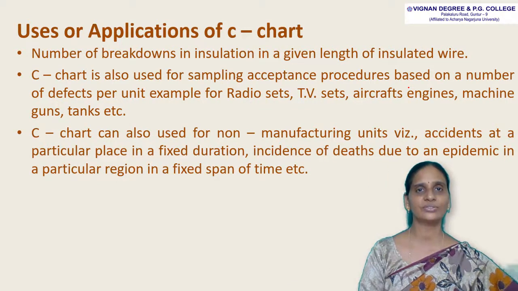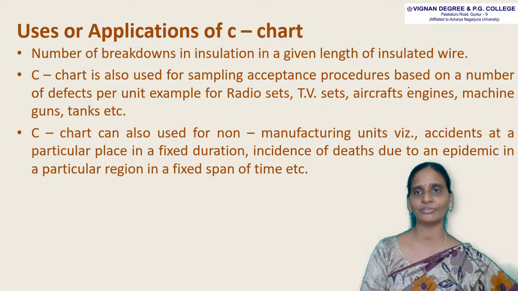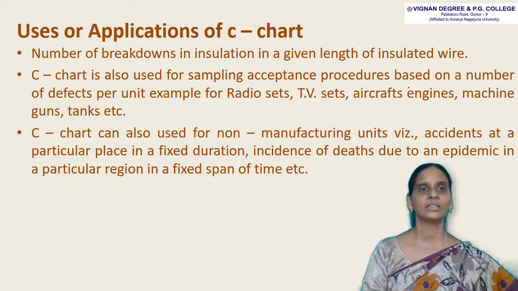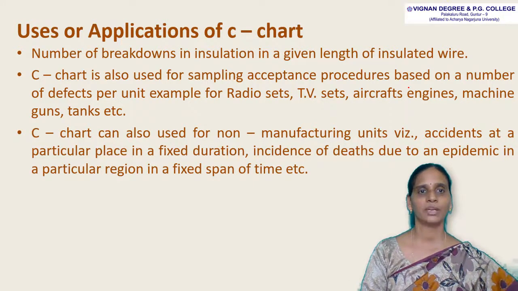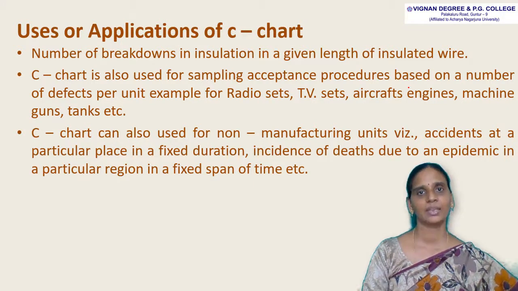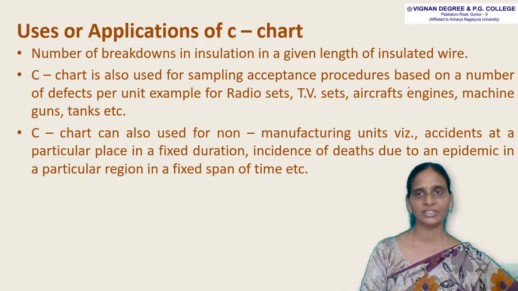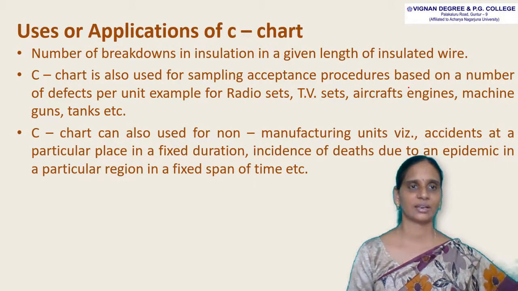The next use for the C chart is the number of breakdowns in insulation in a given length of insulated wire. The C chart is also used for sampling acceptance procedures based on the number of defects per unit. Examples are radio sets, TV sets, aircraft engines, machine guns, tanks, etc.